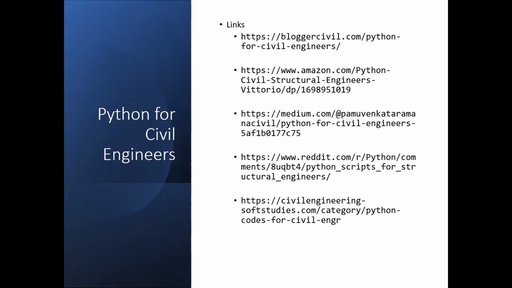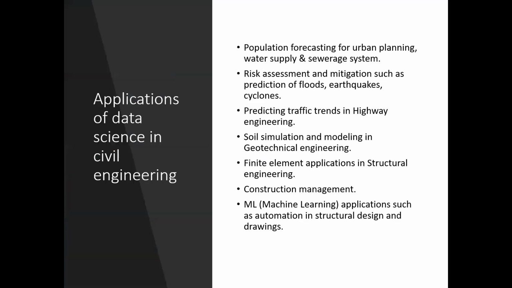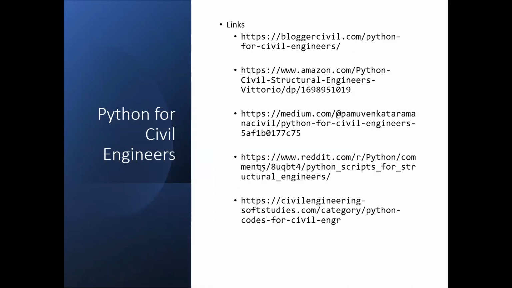So I have seen that especially in data traffic controls, they have also used some applications. I think I have listed it in the next one. If you go to the next slide in the handout, you will see. So these are applications people have developed in Python. This I have taken from one of the links here. They have listed how Python is used in civil engineering.